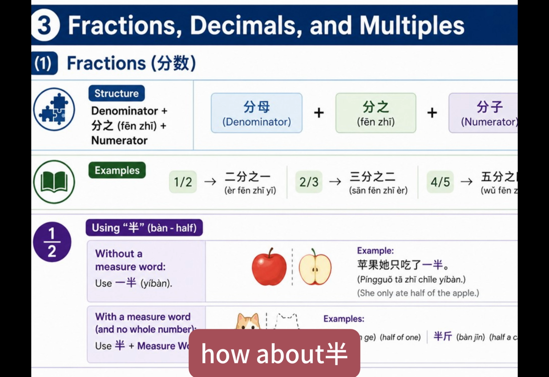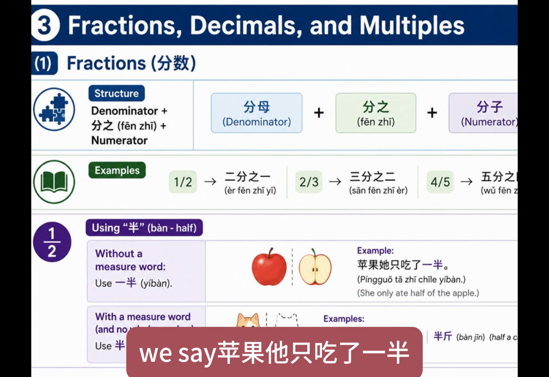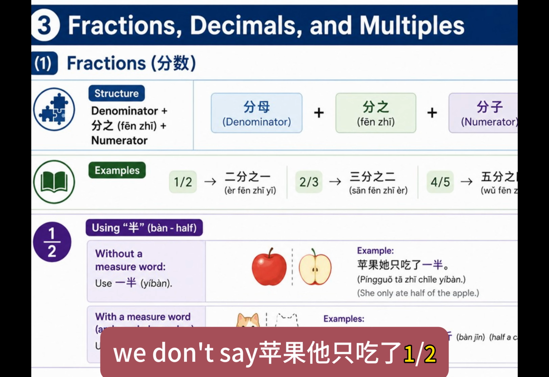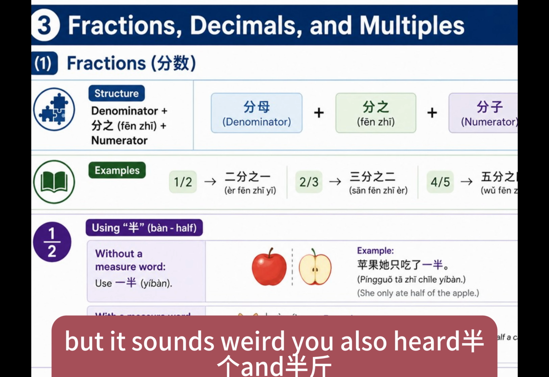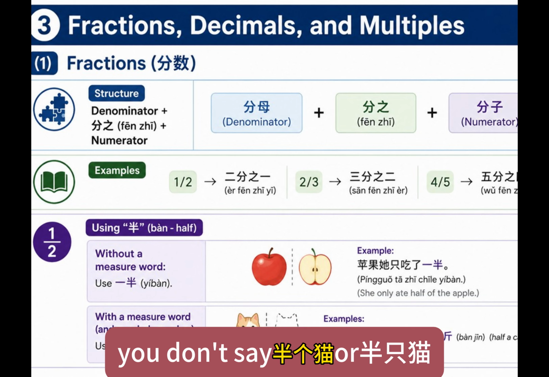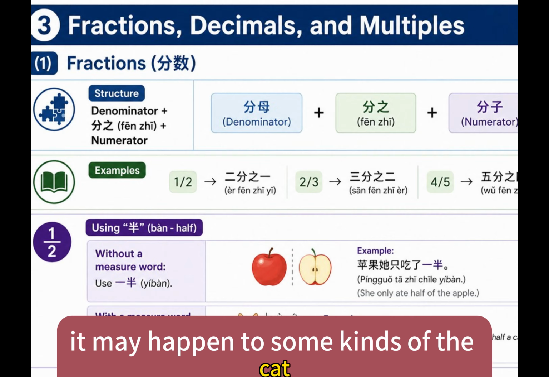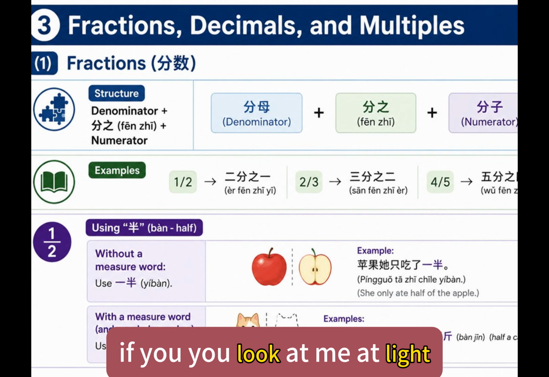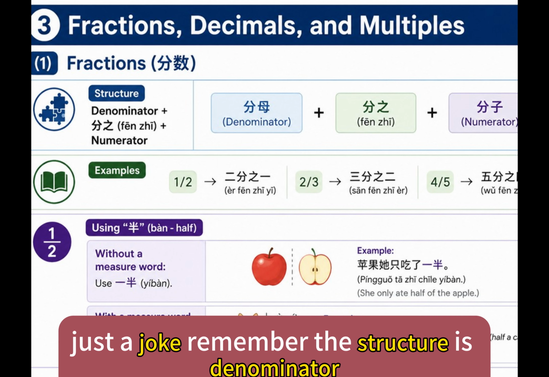How about 半? Sometimes in daily life we say 苹果它只吃了一半. We don't say 苹果它只吃了1/2. I mean, it's right, but it sounds weird. You also heard 半个 and 半斤. You don't say 半个猫 or 半只猫. Actually, it may happen to some kinds of the cat. Just a joke.